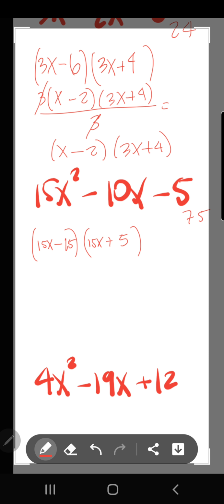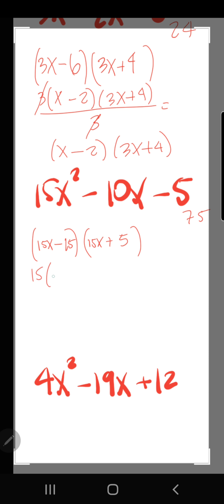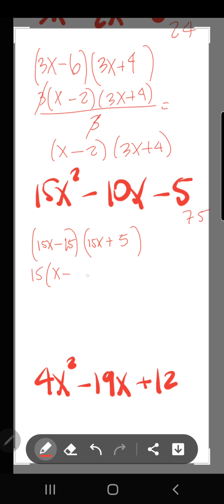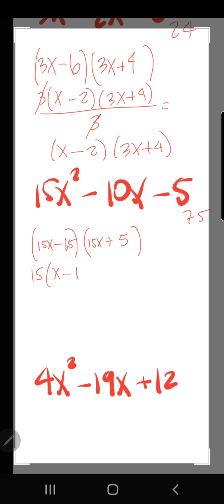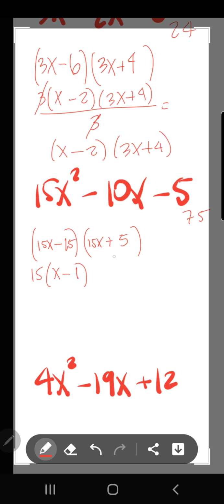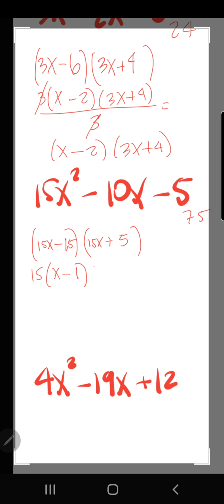Then you will find a common factor. Here the common factor is 15, so you will have x minus 1, and here the common factor is 5, so you will have x plus 1.